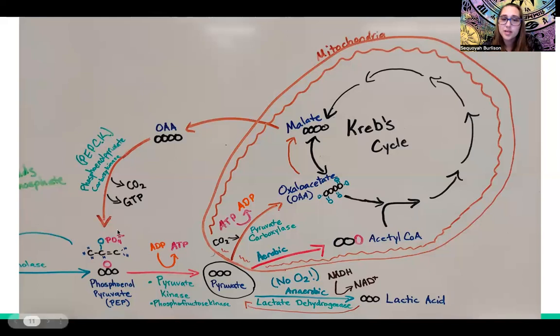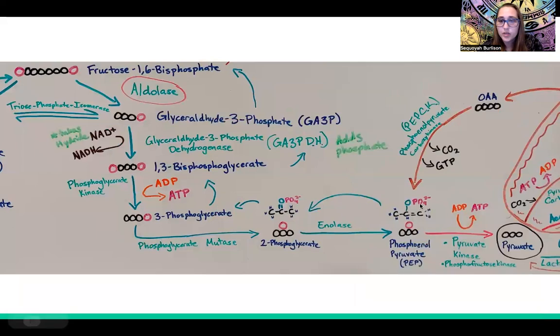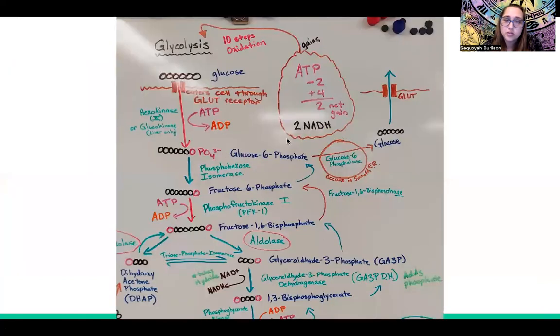Now that we're at PEP and out of the mitochondria, we go from PEP, reversible reaction, reversible, reversible, and reversible. Now we're at GA3P. Once we get back to GA3P, we need to be able to get back to glucose, but we have to make sure we have both GA3P and DHAP.